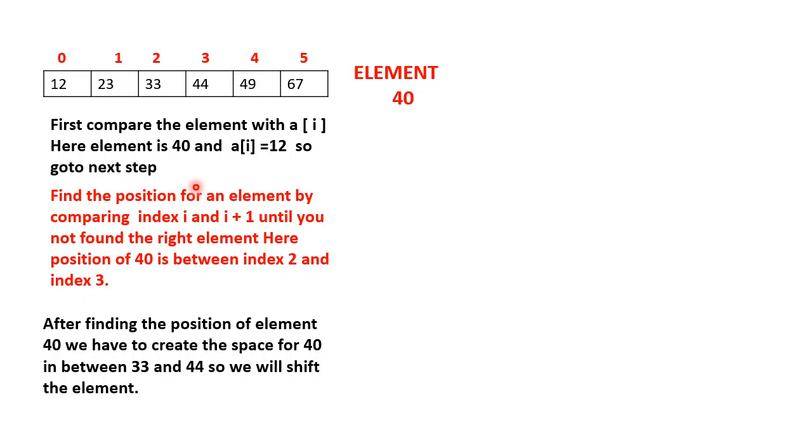We know that 40 will be placed at index 3, and we will create a space for 40, because here there is no space for 40. So how can we create a space? By applying the shifting operation. Okay, so how can we shift?